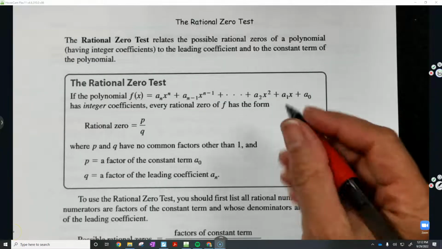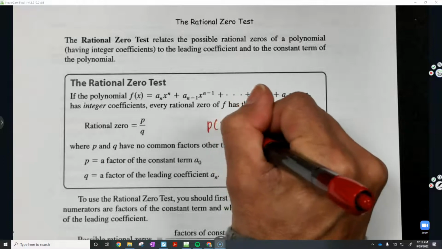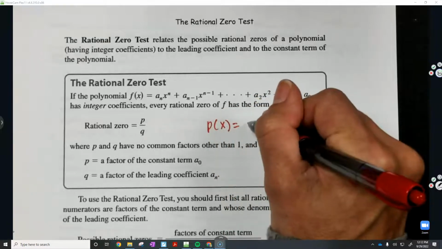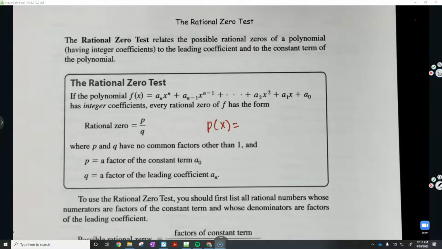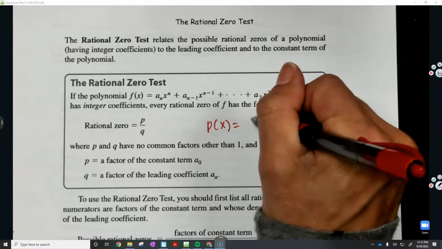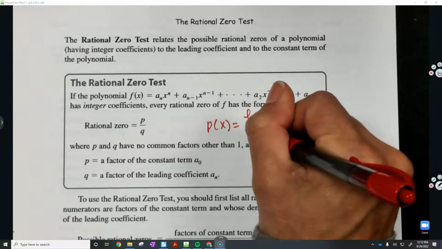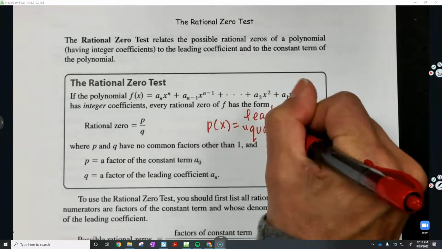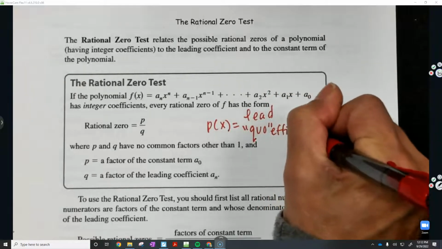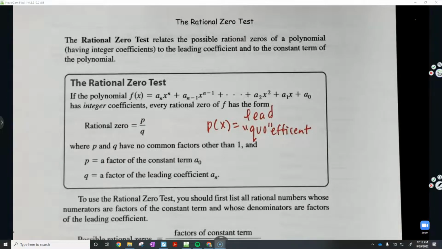Thanks, guys. You're going to be given a polynomial. And the leading, we're going to reinvent spelling. We're going to spell leading coefficient like this. Leading coefficient. Remember, the leading coefficient is the number in the front.